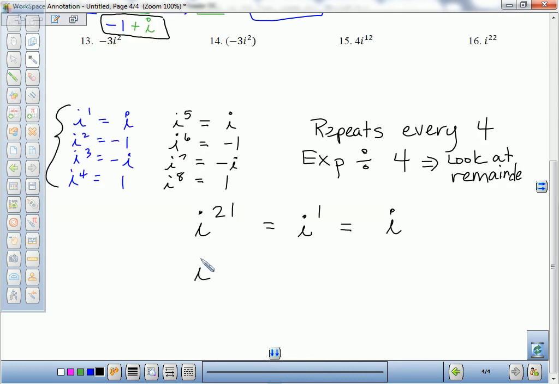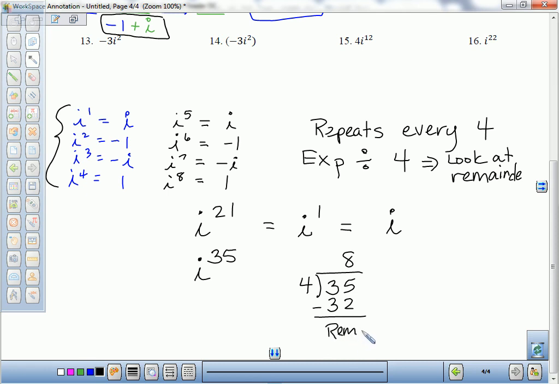Okay, let's do I to the 35th power. How many times does 4 go into 35? 8. Okay, and that's 32, right? So what's our remainder?